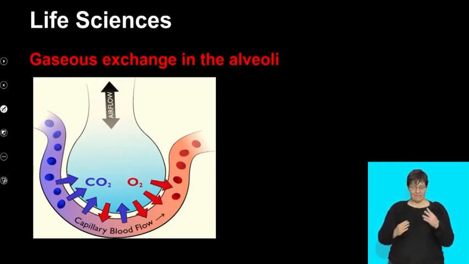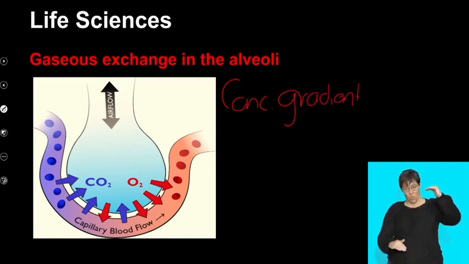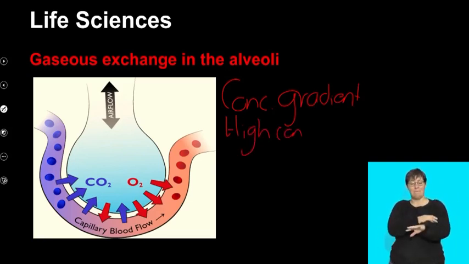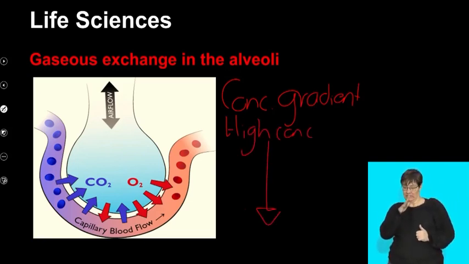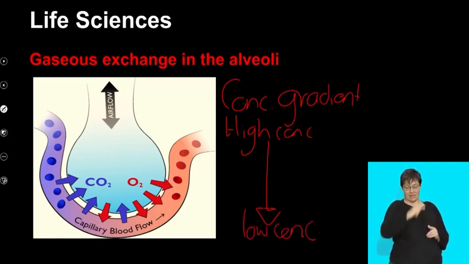We looked at how gaseous exchange occurred in the lungs, and remember, the whole concept was based on this concentration gradient. Gases will move from a high concentration, where there's a lot of them, down to a low concentration.